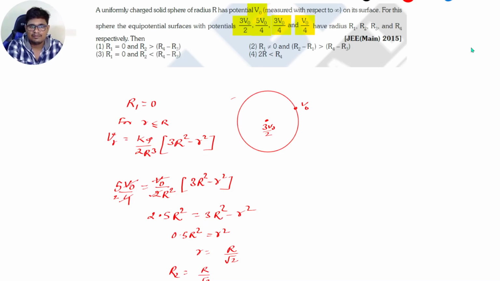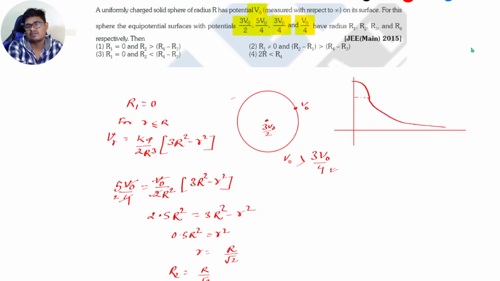Now it is saying 3 V naught by 4. So 3 V naught by 4 is lesser than V naught. That means this point is an outside point, because you can see the potential variation of a solid sphere is maximum at the center, 3kq by 2R, then at the surface it becomes kq by R, and then it is decreasing continuously this way, following the inverse law.